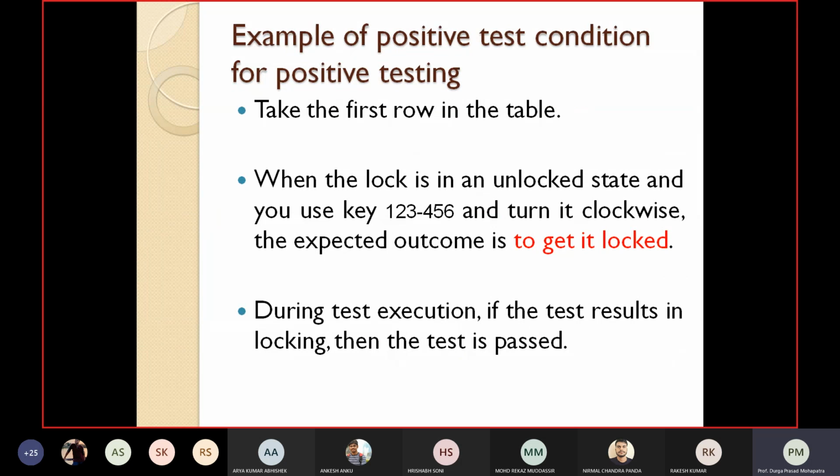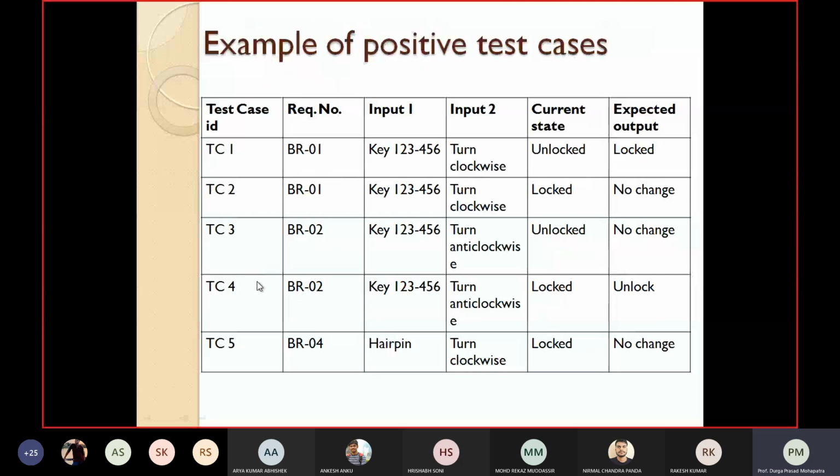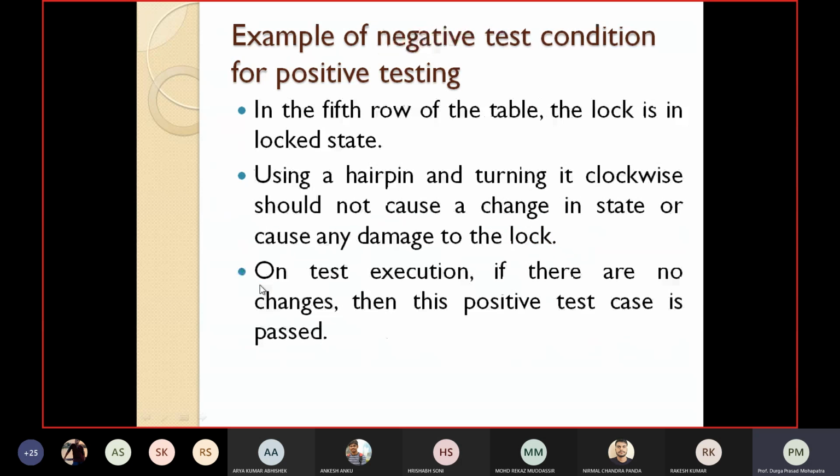Now let's take an example of a negative test condition. I have already told you positive testing includes two things: positive test condition and negative test condition. Now you go to, let's say, the fifth row of the table. 1, 2, 3, 4, fifth. So in the fifth row, what is happening? The lock is already in a locked state, and you are using a hairpin and turning it twice. Then what should happen? It should not cause a change in state or cause any damage to the lock. On test execution, if there are no changes, then the positive test case is passed, isn't it?